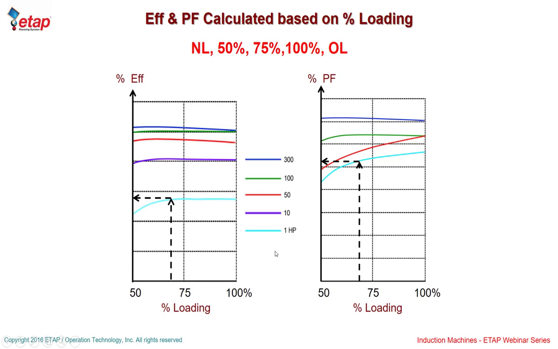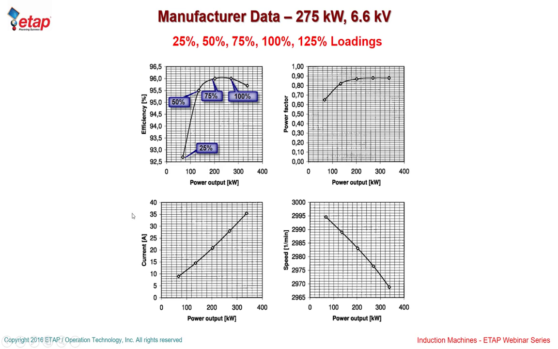But in the smaller machines, it doesn't make that much of a difference, but for larger machines, you really want to get the manufacturer data. In here, I have one manufacturer data for 275 kilowatt at 6.6 kV. And this goes at loading 25%, 50, 75, 100, and 125. And those are these values, and the last one here is 125% loading.